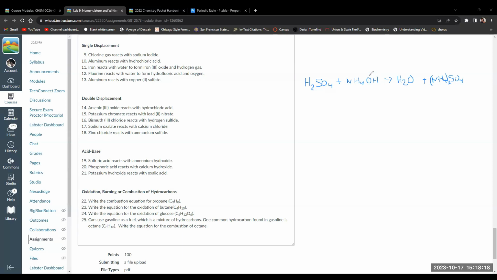The reason we get water is because this hydroxide is reacting with the hydrogens from the acid. And when you mix those two, you actually get water. I mean, water in theory, right? Not going to be drinking this thinking it's just normal water.